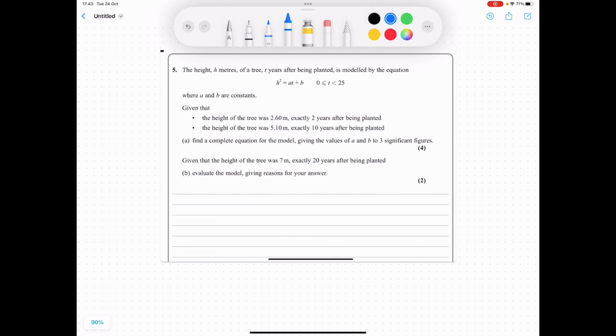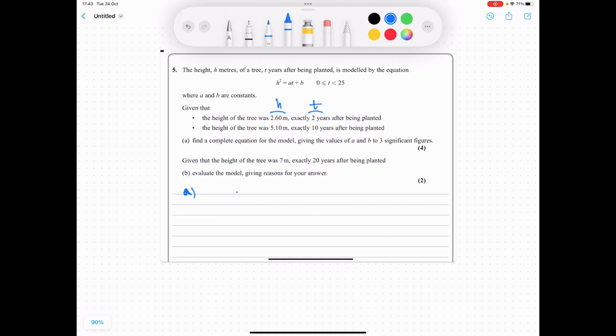Okay, in order to answer part A, I'm just going to sub in the values of height and time in the equation that I have. So these two are the height, and here is the number of years, which is t.